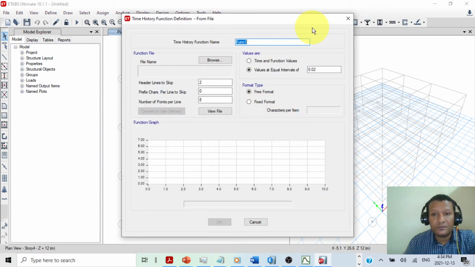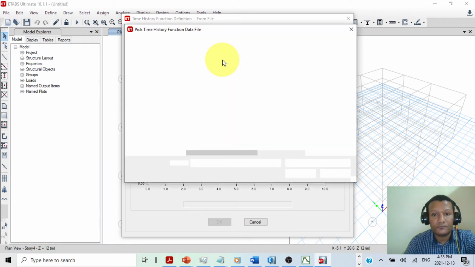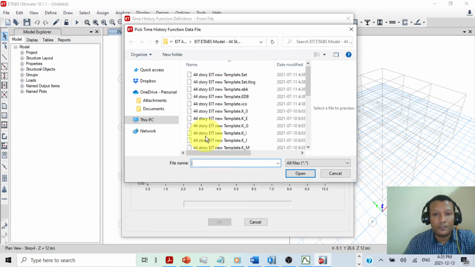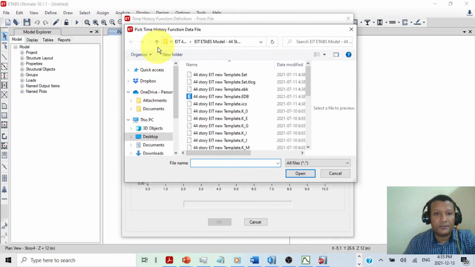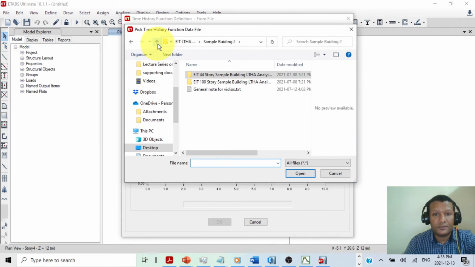Add new function. Okay, function 1, let's say demonstration. Okay, browse. Let's say this ground motion.